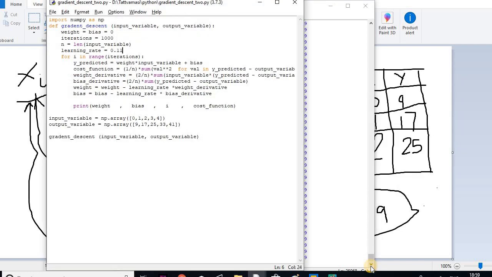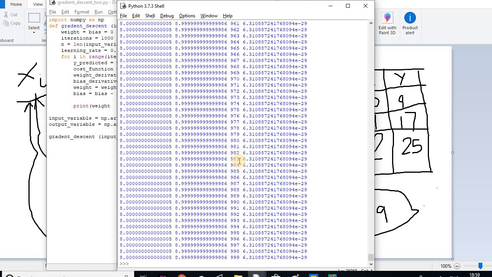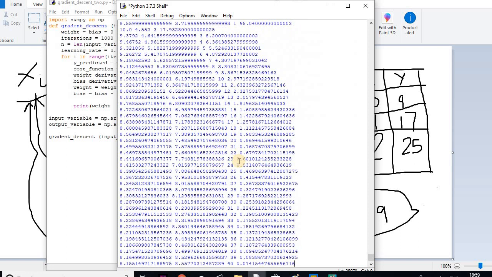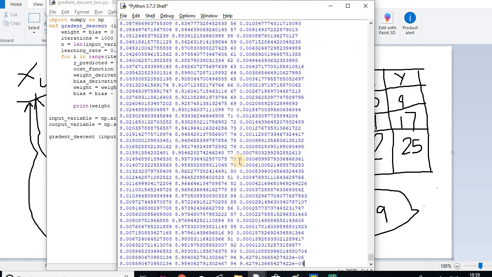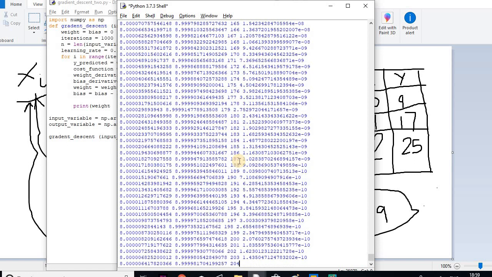Now 0.1, let me try what will happen at 0.1. It's decreasing.